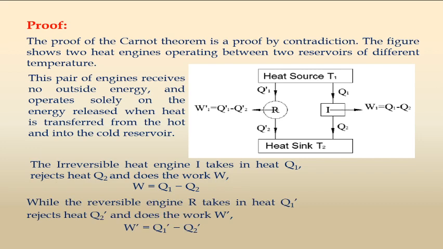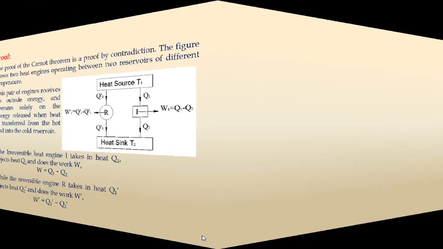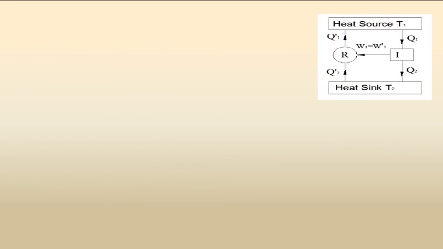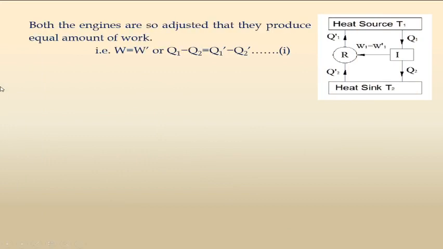In the same fashion, the reversible engine will have an equation like this. W dash is equal to Q1 dash minus Q2 dash. Now we are just going to make the arrangements in such a way that both the engines are so adjusted that they produce equal amount of work.